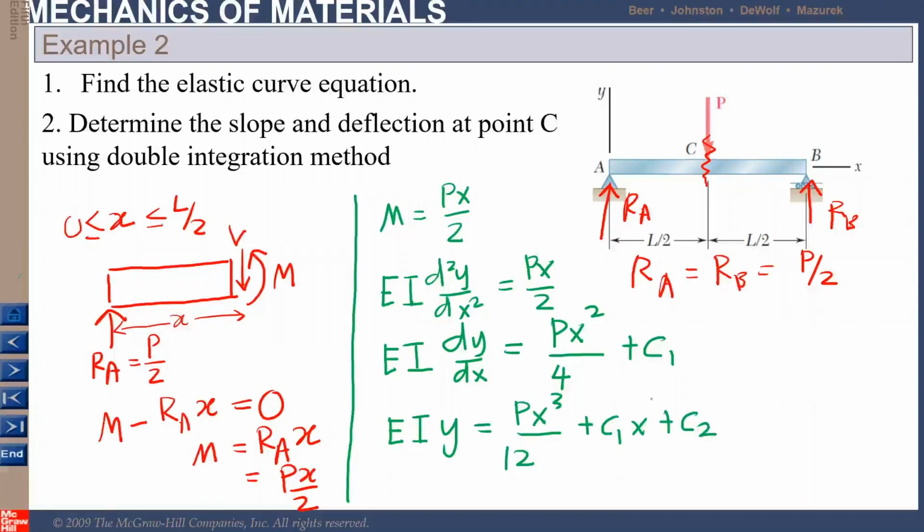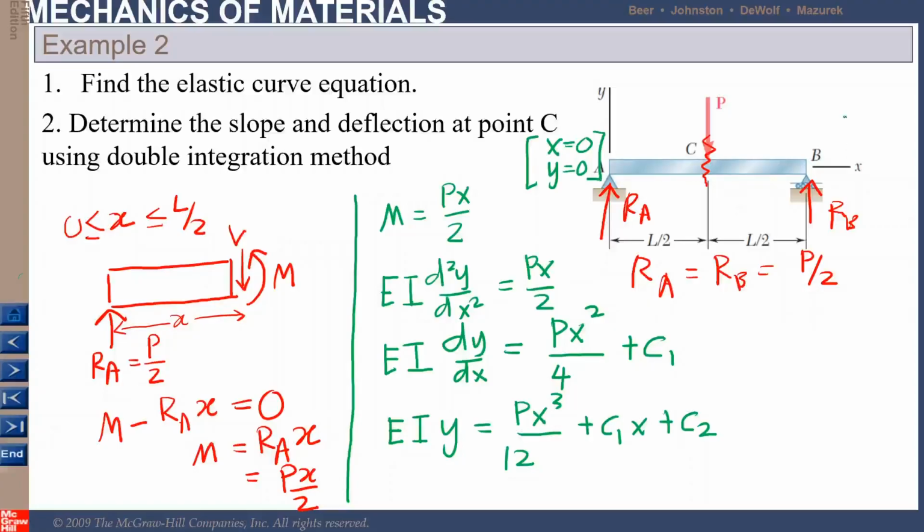Based on this equation, we have two unknowns, C1 and C2, and we need to solve for them by looking back at the beam. Previously, I showed you the boundary conditions, so we can put them over here. The first boundary condition is x equal to 0, and we get y equal to 0.